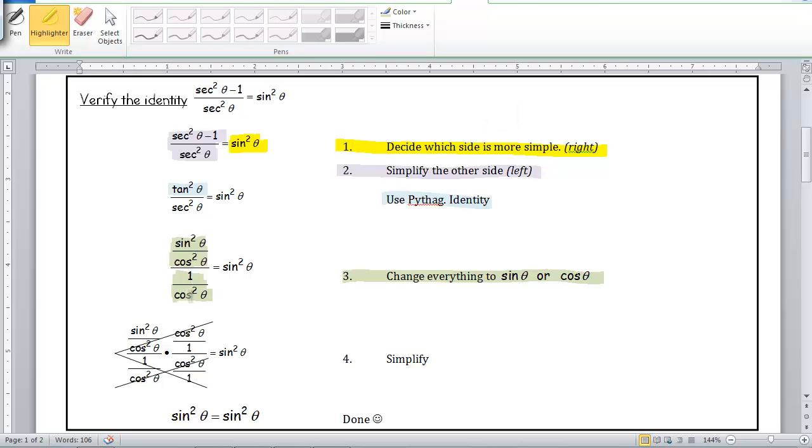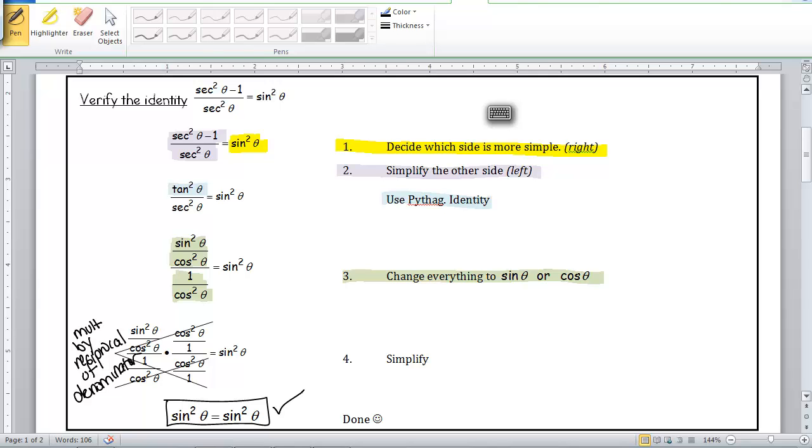I can multiply top and bottom by the reciprocal of 1 over cosine squared, simplify, and everything cancels out to leave me with just sine squared theta, which is what my right side was and I was trying to get to.